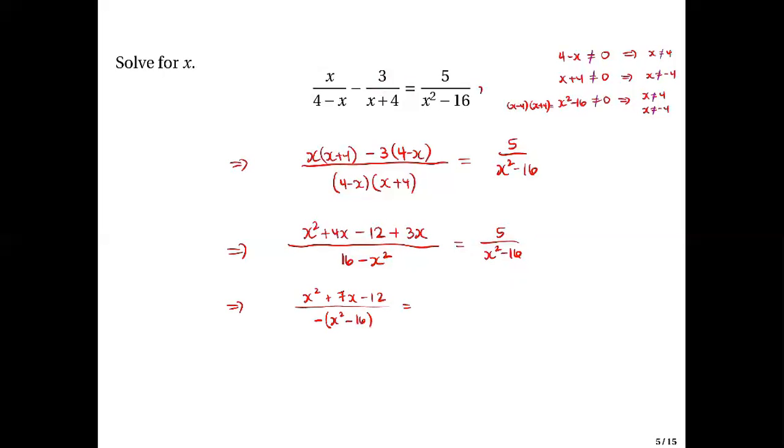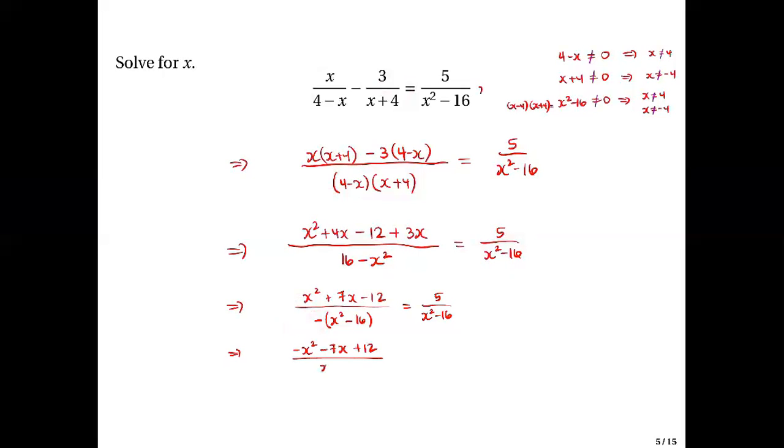And then on the other side, we'll just have 5 over x squared minus 16. And then we can bring this negative here on the numerator. So if we do that, we'll just get minus x squared minus 7x plus 12.